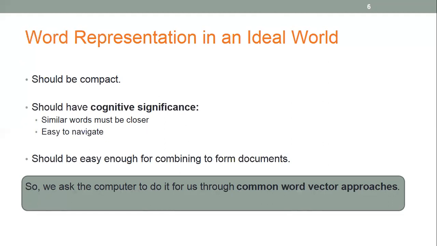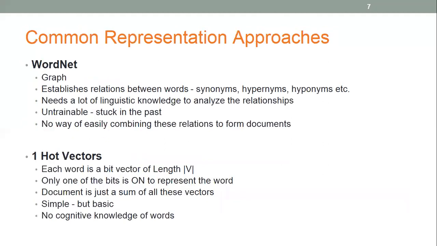We'll look at some of the common representations that have been used before word2vec, see what their problems are, and then go on to word2vec. The first one that is well known is WordNet. WordNet is essentially a graph of words as nodes and their relationships as edges, and these relationships are handcrafted by linguists.